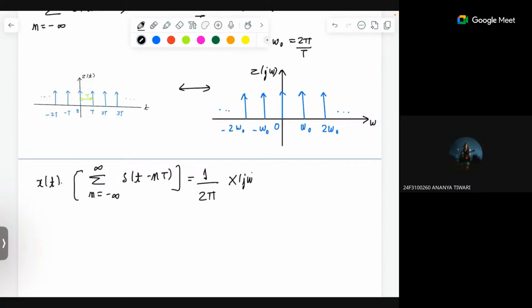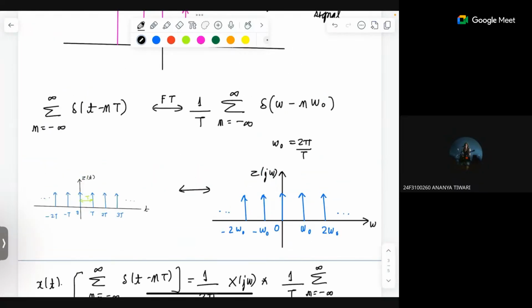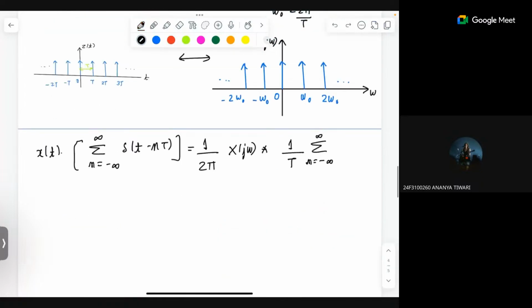So I will have x of j omega convolved with 1 upon T, we are just writing down this expression, Fourier transform of impulse train, all right, delta of omega minus n omega naught.